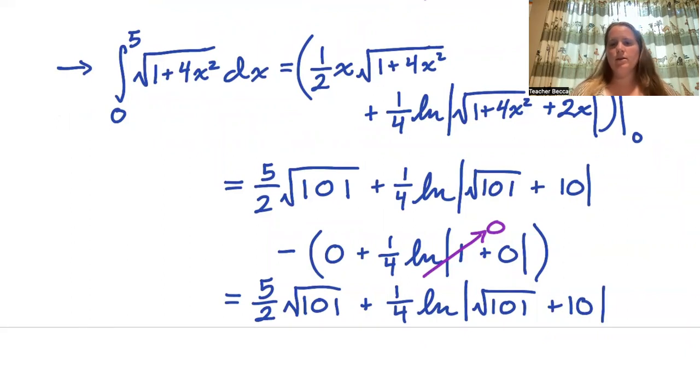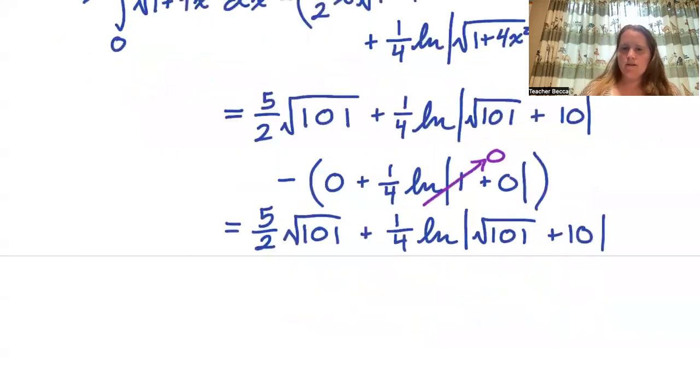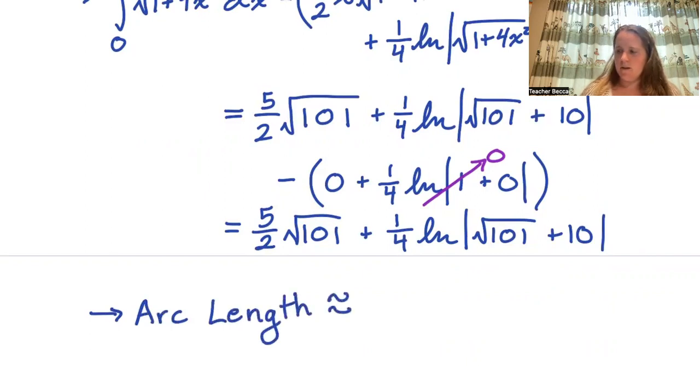Often we want to give it in decimal form instead. So if we go ahead and put this into our calculator, we wind up getting the arc length is approximately 25.87 units, whatever units we're working in.